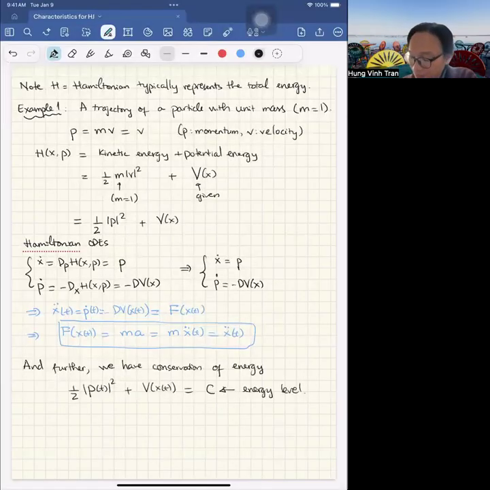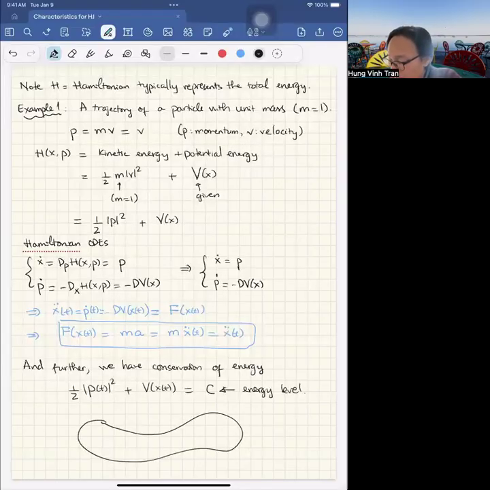And of course, for this given energy level, sometimes you can draw the phase diagram to see the corresponding position of x and p with respect to that energy level. For example, if this is the energy level of one half p squared plus V of x equals c, I'm just drawing a random picture here.